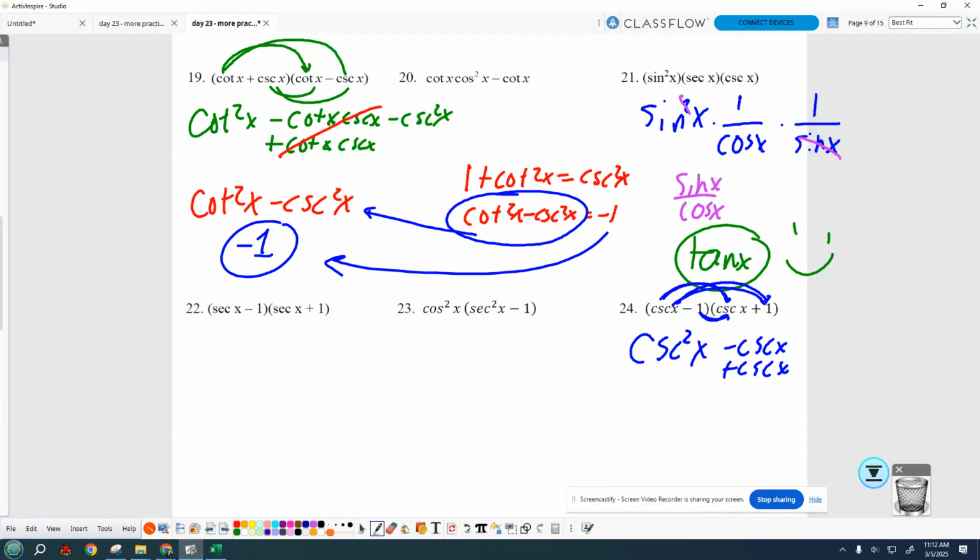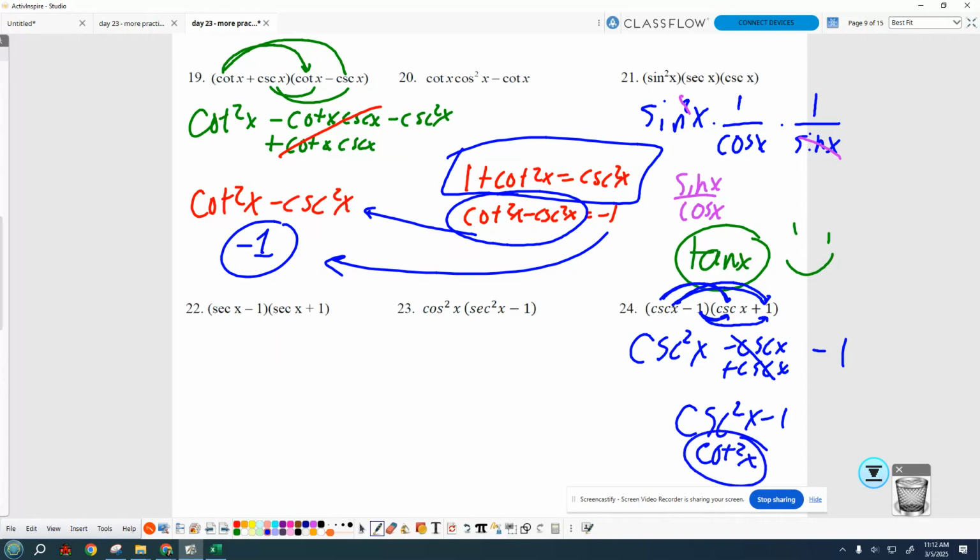Inside times first, and I need to do inside times last. But losing the minus one does a lot of damage. So it's just cotangent squared. Cosecant squared minus one, as you're looking at that identity, is just cotangent squared, yes.